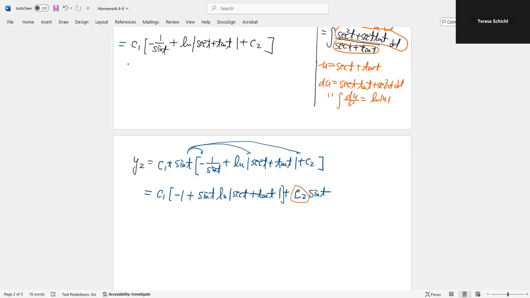Now my initial conditions, let me write them here. My initial conditions are y(0) equal to 1, y prime(0) equal to 3.